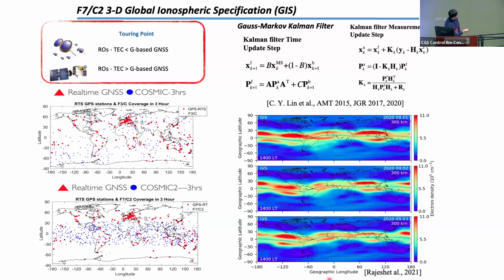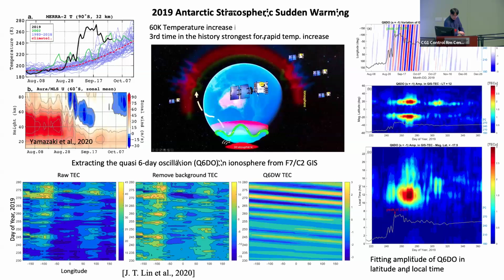And because there is a denser data distribution in the low latitudes within 3 hours, compared to COSMIC we have a more precise, more detailed structure of the ionosphere that we can show with the product.